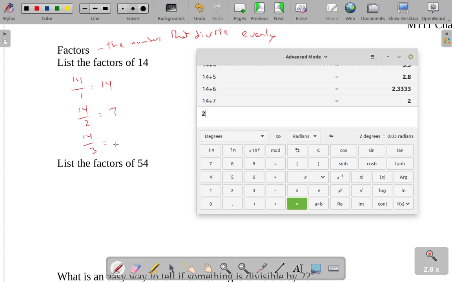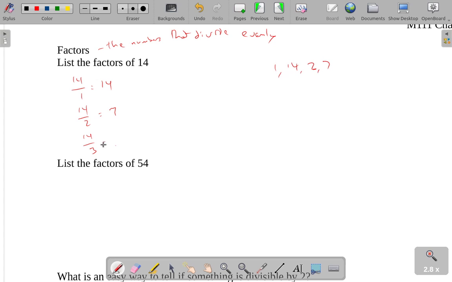But it turns out, once I've done divided by 4, divided by 5, divided by 6, none of those work. Then I'm up to 14 divided by 7. Now let's figure out why I'm taking note of that one. 14 divided by 7 has actually already been encountered. I said that 7 was a factor up here.